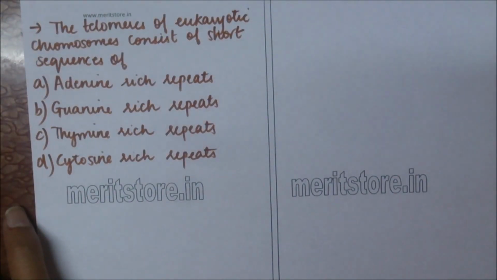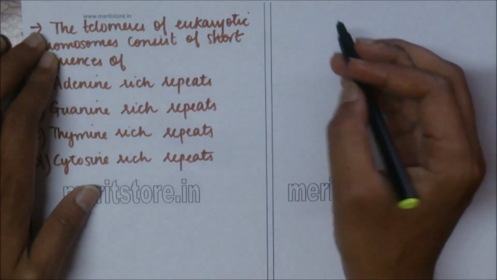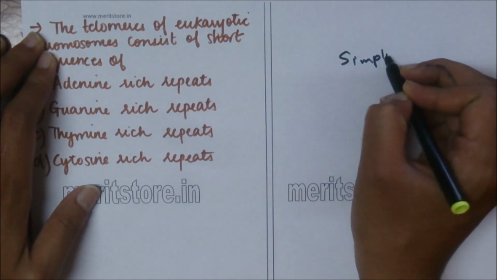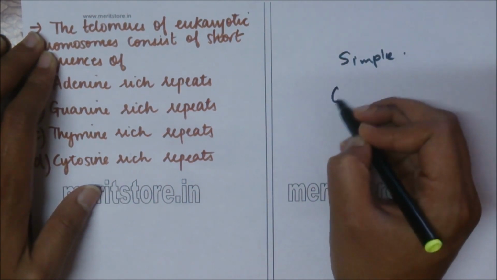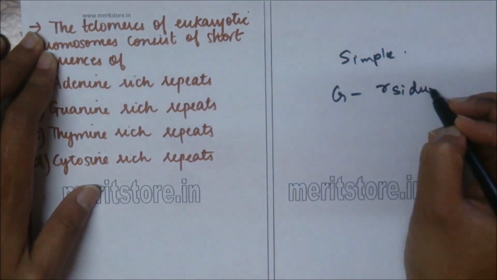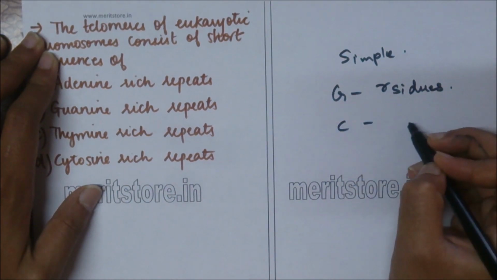The telomere of eukaryotic chromosome consists of short sequence of A. Adenine rich repeats, B. Guanine rich repeats, C. Thymine rich repeats, D. Cytosine rich repeats. Eukaryotic telomeric DNA has been shown to consist of simple tandemly repeated sequence characterized by cluster of G residues in one strand and C residues in the other.